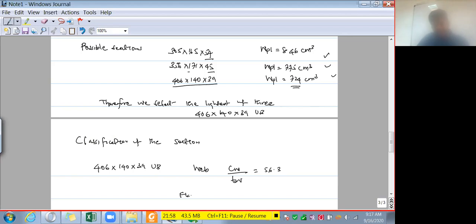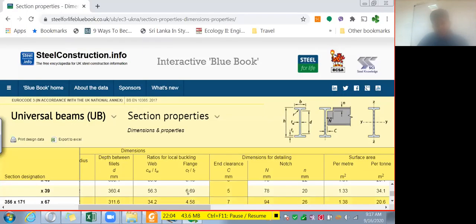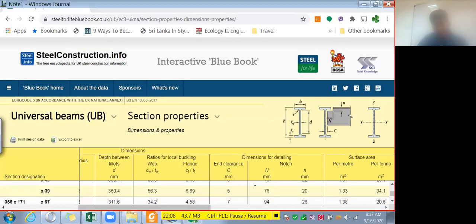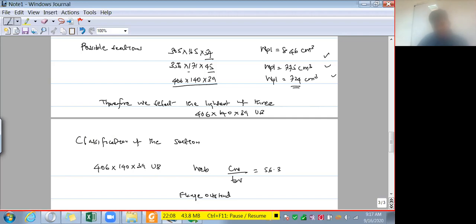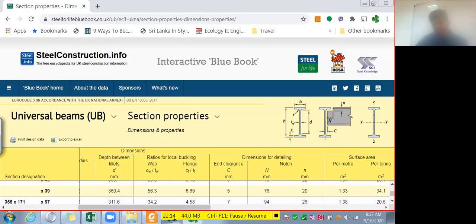Flange outstand, we have CF over TF 6.69.